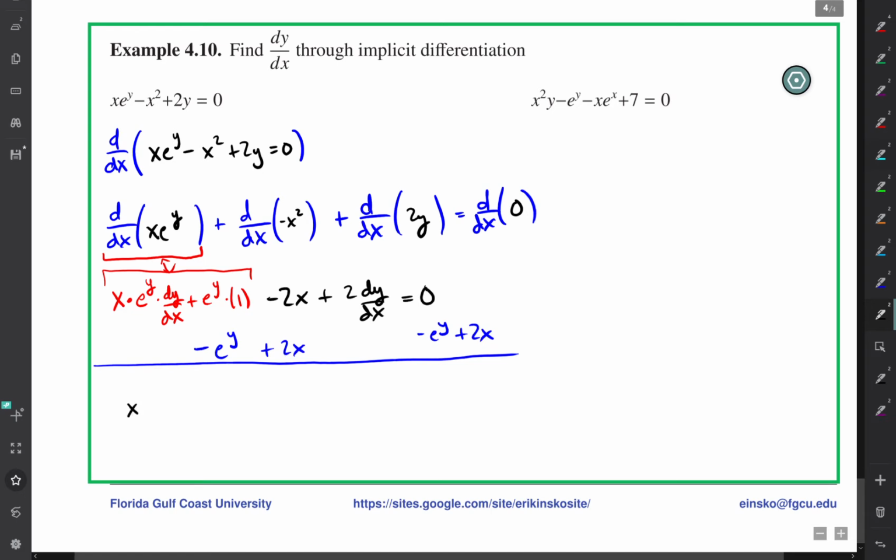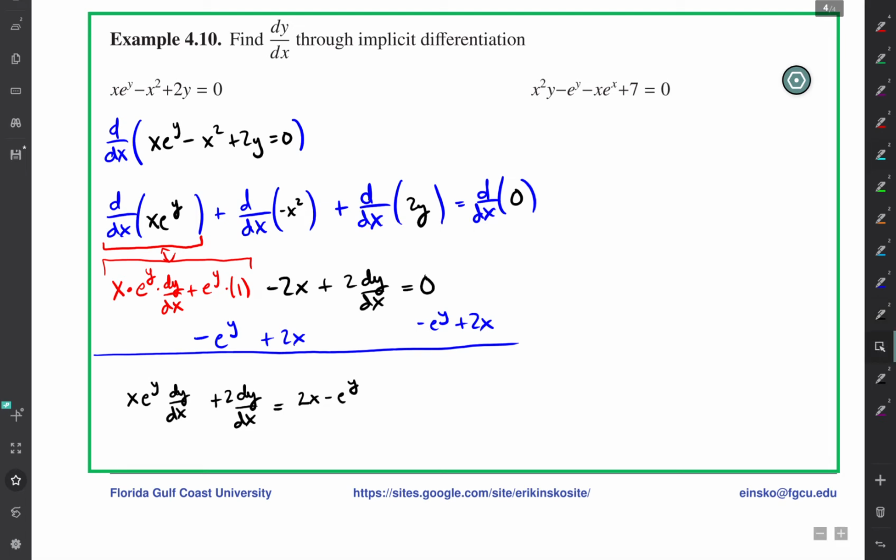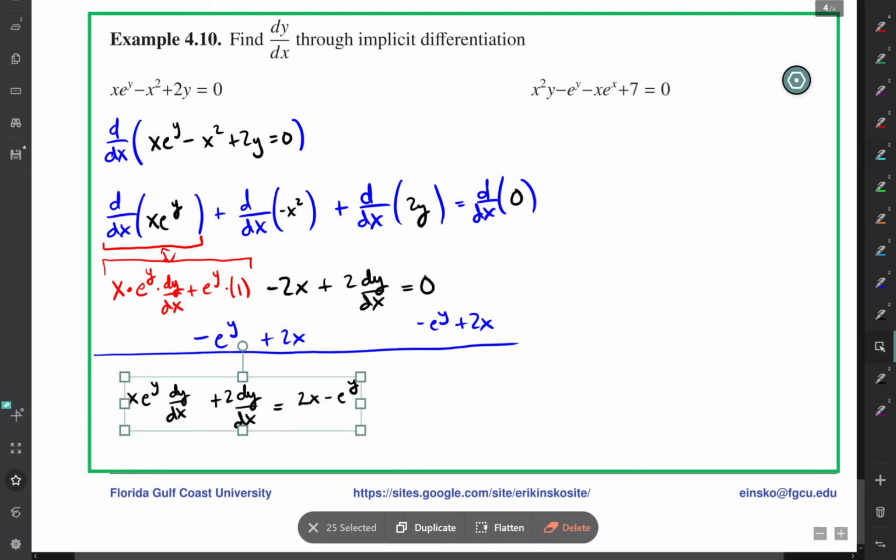x e^y times dy/dx plus 2 dy/dx equals, let's write it, 2x minus e^y. Write it like that, I guess. And now what I want to do is factor out the dy/dx, as we do with all these implicit differentiation problems.